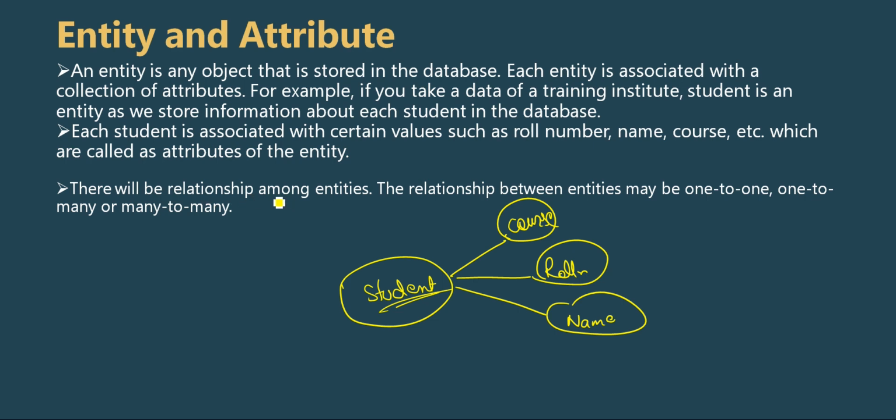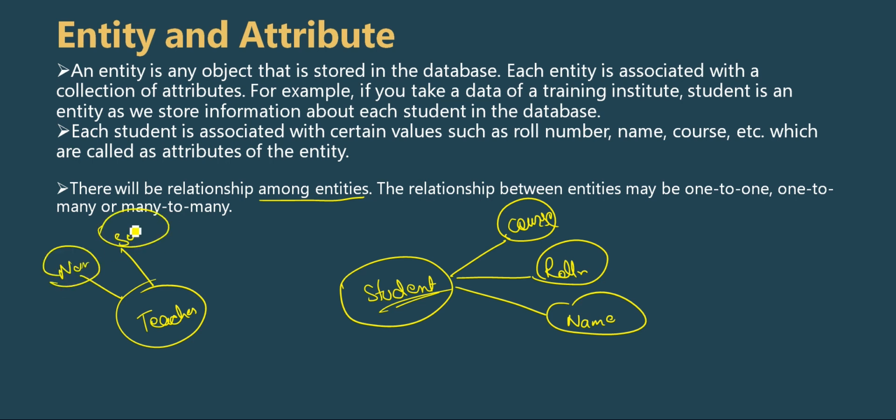So there will be relationships among entities. Like we have two entities, student and teachers. Teachers can have their own attributes, like name, what subject he or she teaches, and the address of the teacher. So among entities there will be some relationship, and this relationship between entities may be one to one, one to many, or many to one.